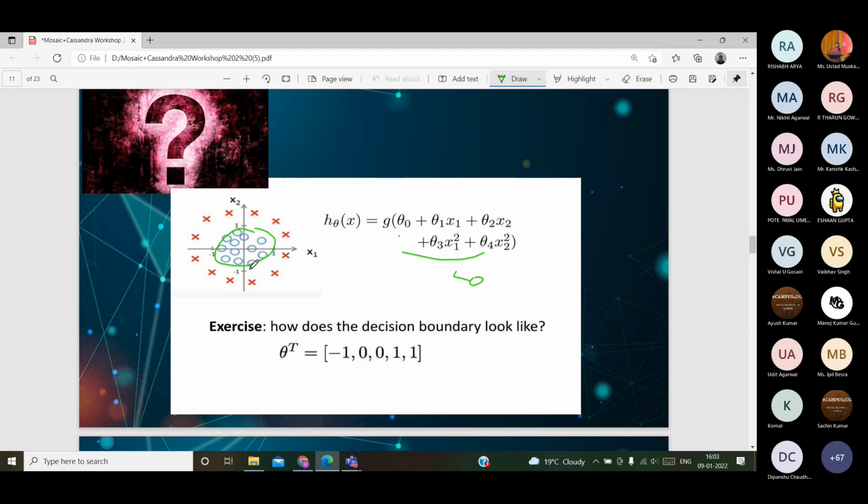And whenever we put in the data points outside, we get a value greater than 0, so g of a value greater than 0 means greater than 0.5, and we classify them as the positive class. So this is how the sigmoid function works, and how it differentiates the positive and negative classes.